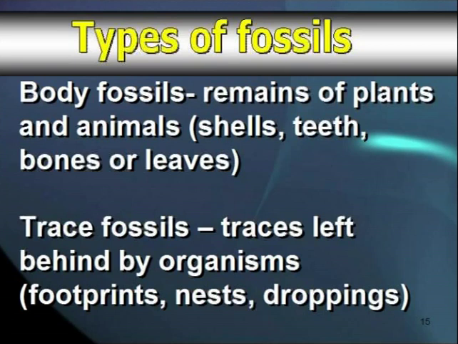The next type is trace fossils. Traces left behind by organisms, for example footprints, nests, and droppings, which simply refers to the excreta or other things that they have dropped.